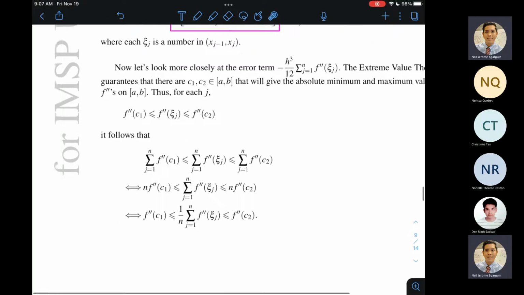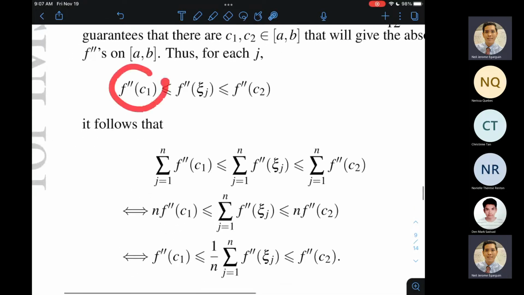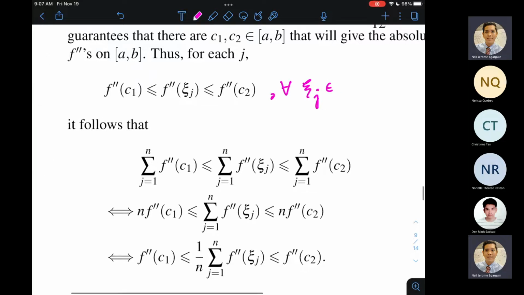So therefore, that means the function value of C1 under the second derivative is less than or equal to f double prime of c sub j, but that will be less than or equal to f double prime of c sub 2 kasi nga absolute max at absolute min itong dalawang values na to. And this is true for all c sub j in the interval AB.